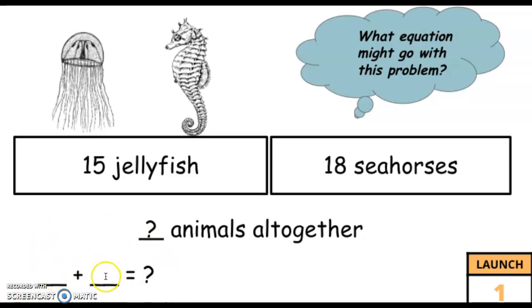Something plus something equals a total unknown. So we have two parts that together, if we put them together, give me a total unknown. Are you ready to figure it out?